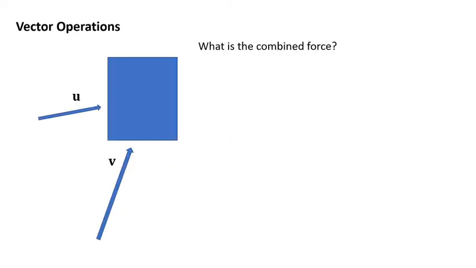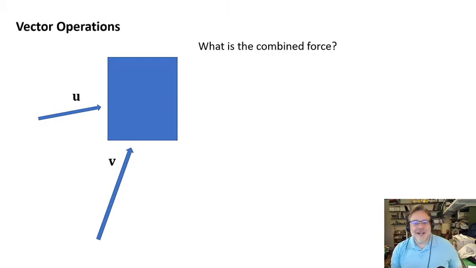Now how about if we want to add 2 vectors together? So here's an example. If we're looking down on a scene, we've got a large heavy box that's being moved by 2 people. One person is exerting this force, another person is exerting this force here. You can see that they're close to the same direction, but not exactly, there's a little bit of difference here.